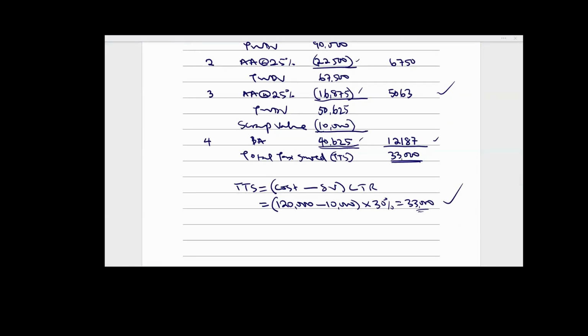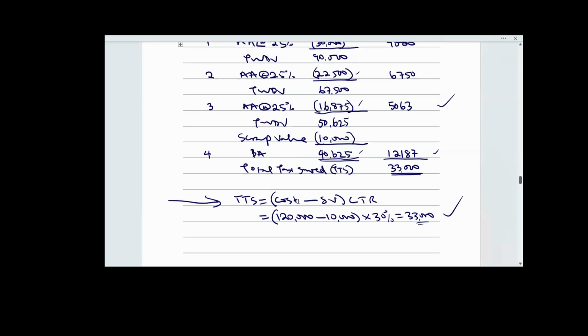This is the total tax saved you are supposed to claim, which is 33,000. So if it's more than 33,000, you need to restrict the last figure to make it equal to 33,000. You can't overclaim your capital allowance. The exact capital allowance that this company is supposed to claim is 33,000. Okay, so we should have applied this last formula first, so it can guide us in what we are calculating? Of course, you can't claim more than that. Okay. Yeah.